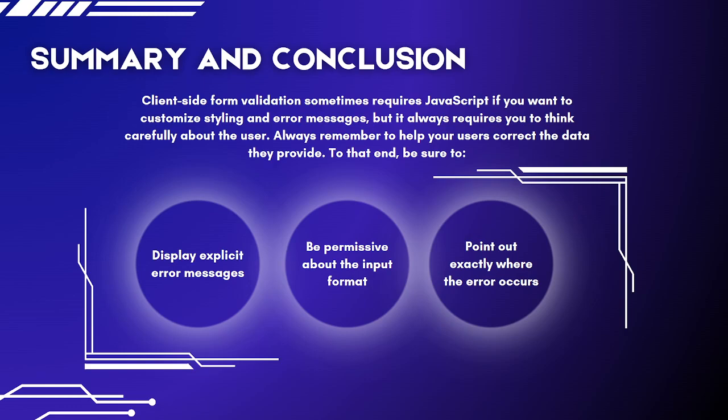And always remember to help your user correct the data they provide. Give good advice to the user to correct the data in the best way and make it easier for them to understand. To end, be sure to display explicit error messages, be permissive about the input format, and point out exactly where the errors occur.